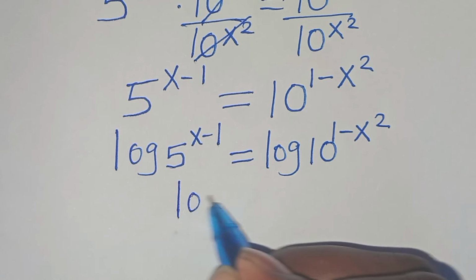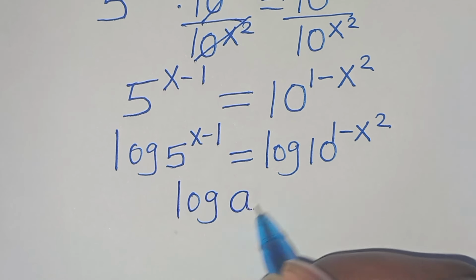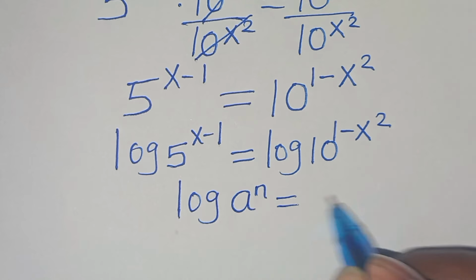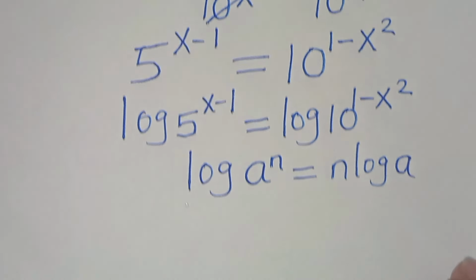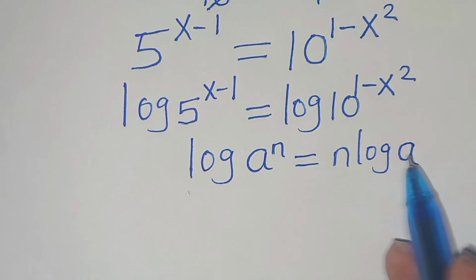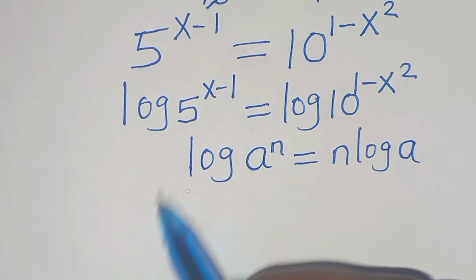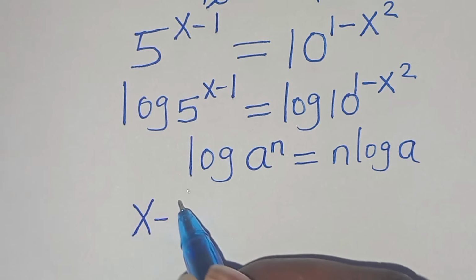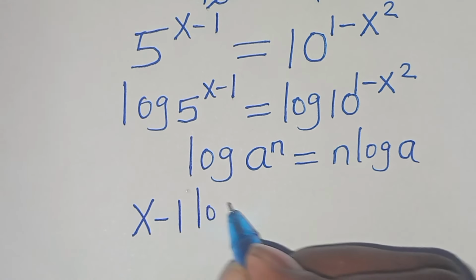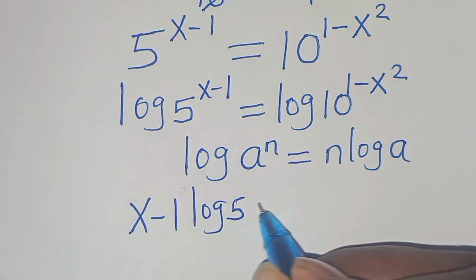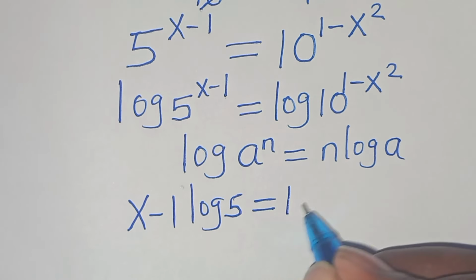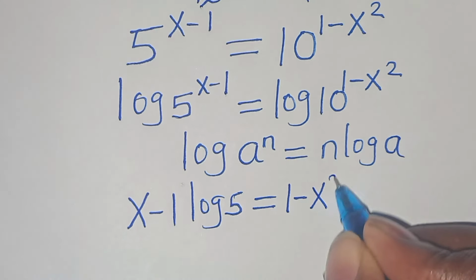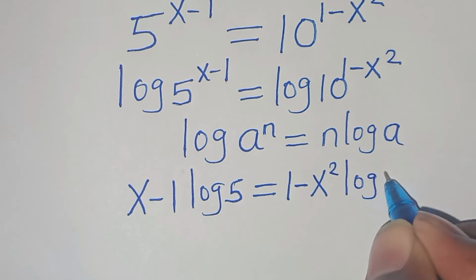This is in the form of log a to the power of n, which we can express as n log a. Applying this power rule property, log 5 to the power of x minus 1 becomes x minus 1, then log 5. This is equal to, now log 10 to the power of 1 minus x squared becomes 1 minus x squared log 10.